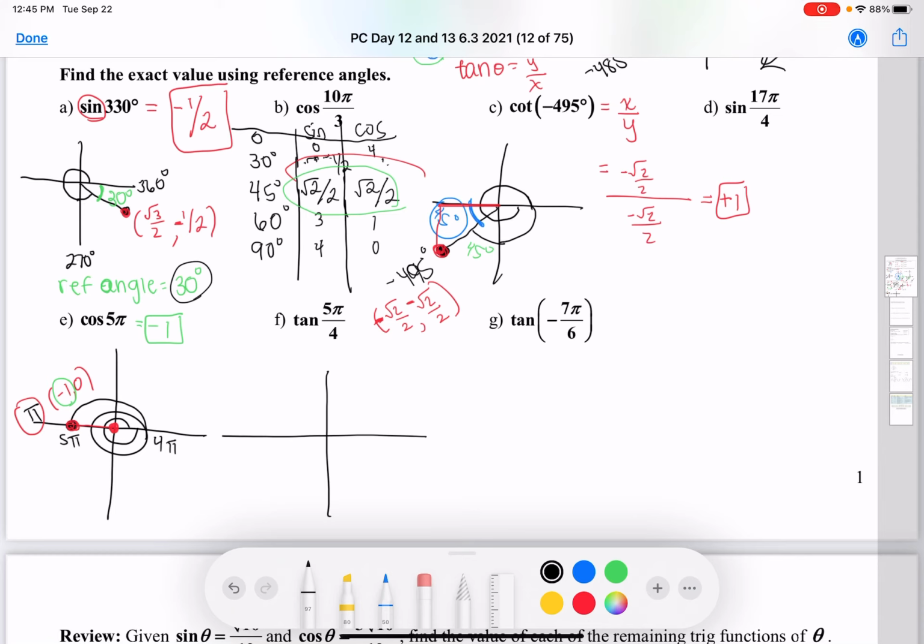And so all my pi over 4s lie halfway between the quadrants. Again, pi over 4 is the same as 45 degrees. So if a quadrant's 90 degrees, 45 degrees will be right in the middle, like I've drawn the blue lines.